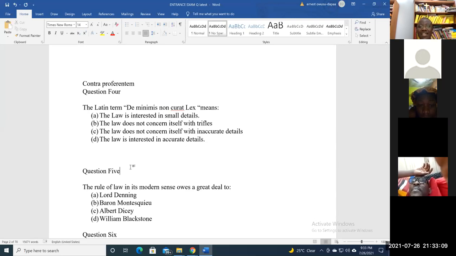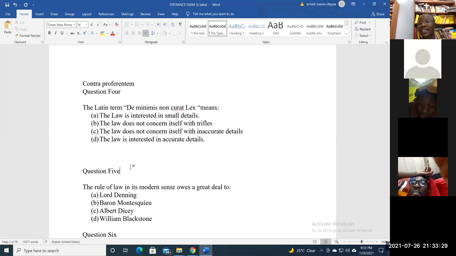Lord Denning has made significant contributions to the law, but if we said the doctrine of promissory estoppel owes a great deal to Lord Denning, I will agree.